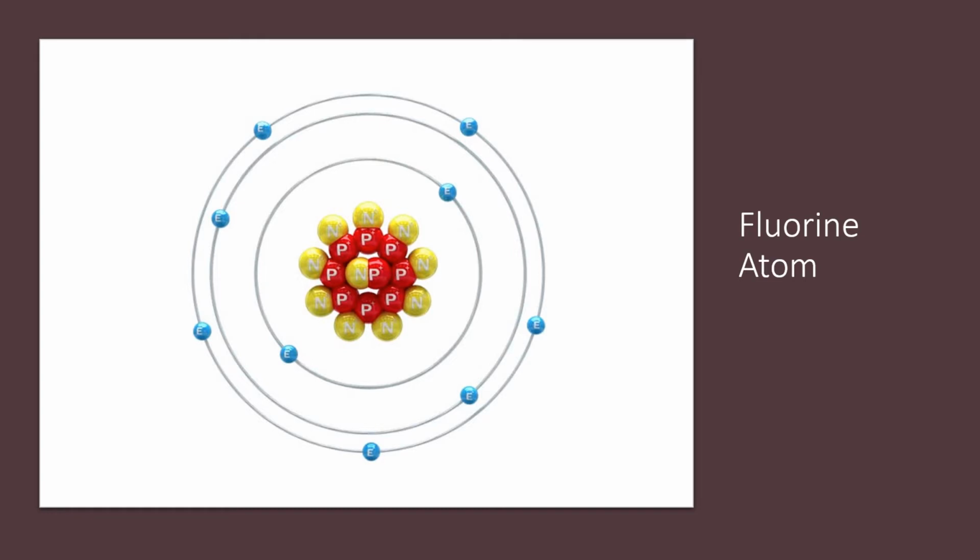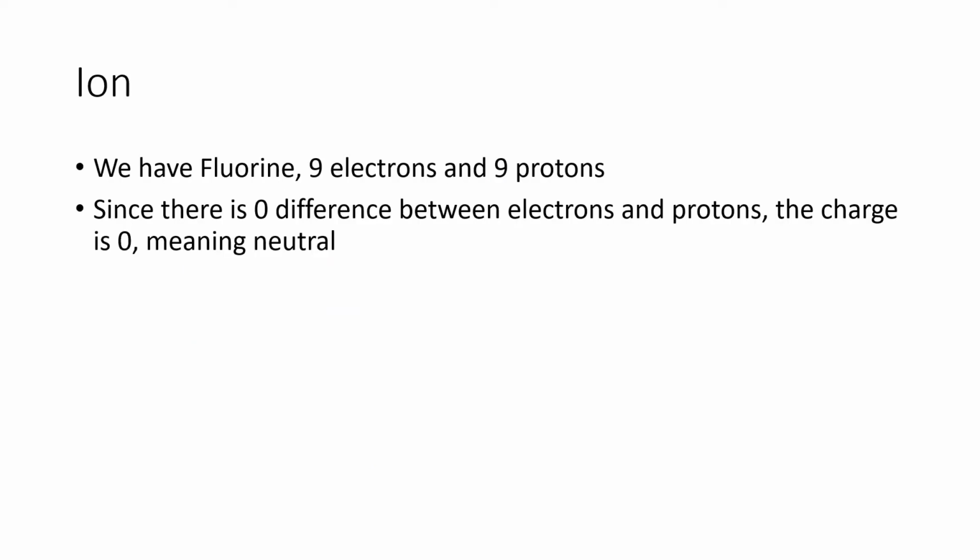In the next slide, I'm going to explain something here. Now you're about to learn what the definition of an ion actually is, but let's preface it with some information. We had fluorine, right? And I talked about how fluorine had 9 electrons and 9 protons. What's the difference between 9 electrons and 9 protons? That's a difference of 0.